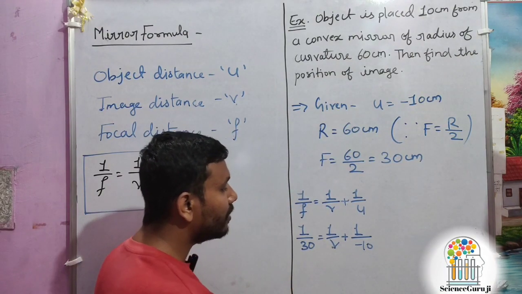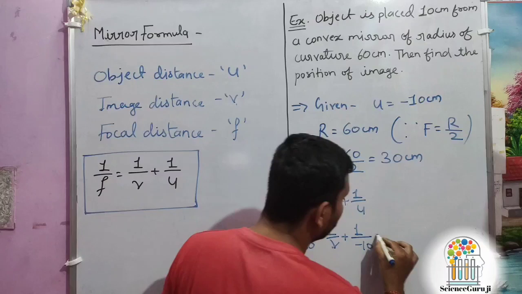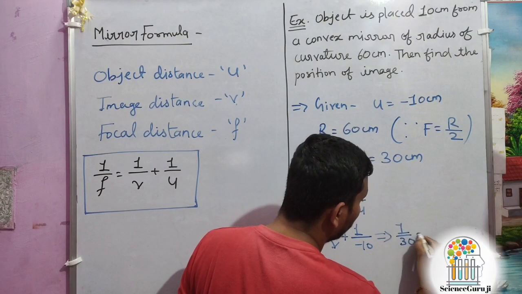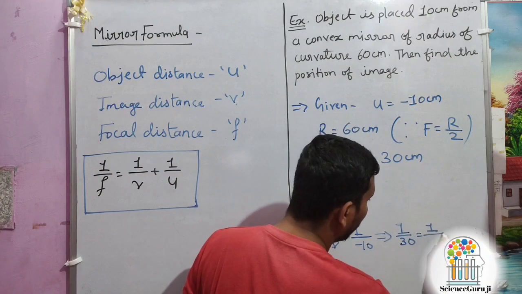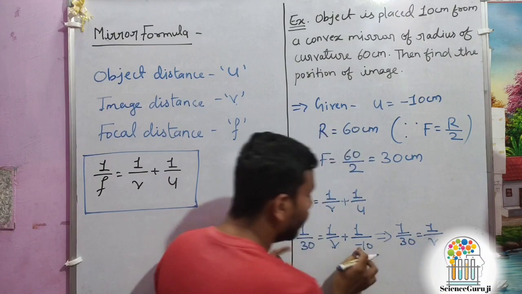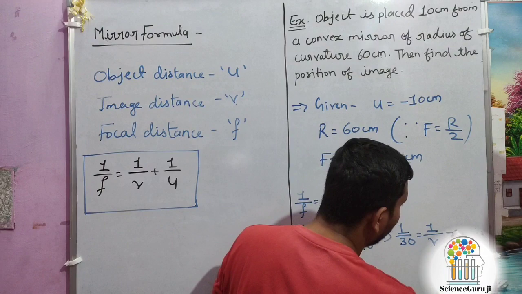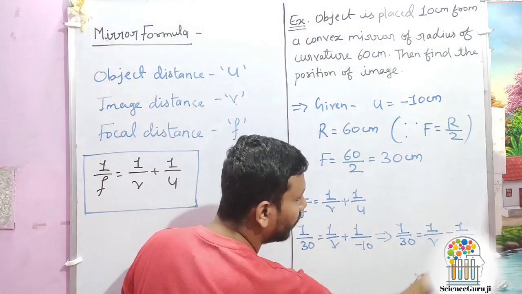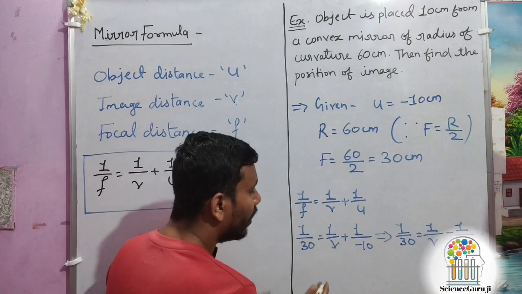By this sign convention we can say that 1 upon 30 is equal to 1 upon v, minus and plus, that is minus 1 upon 10. So just transfer this 1 upon 10 to the left side.